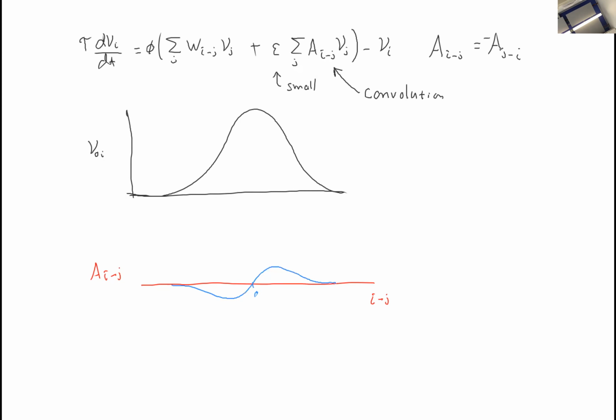Okay. So the sum on j of A I minus j nu j is basically, so if this is operating on, let's say, I'm going to plot what nu j looks like.